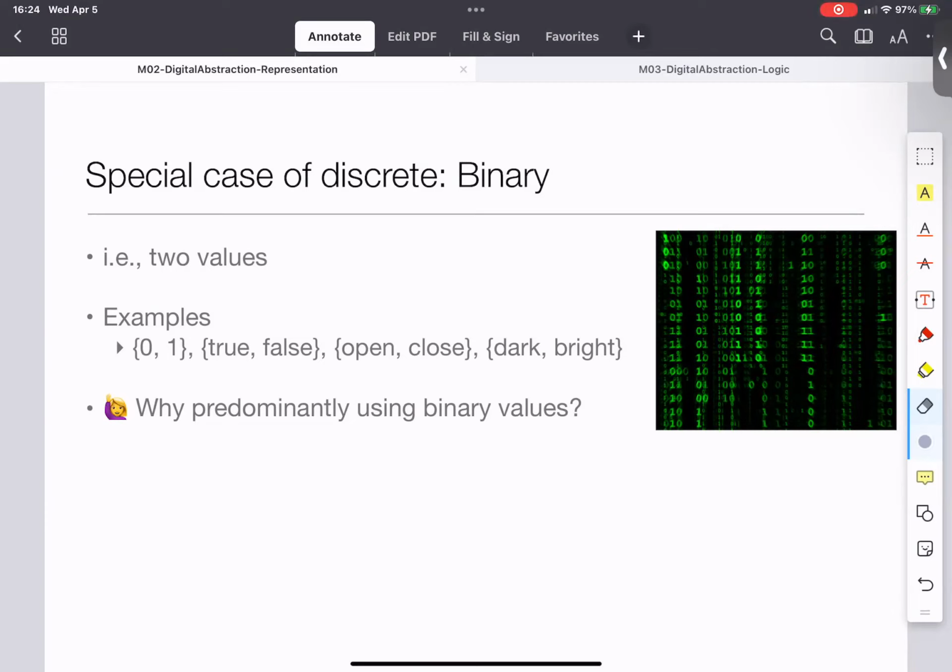You still have to choose which one is bit 0 and which is bit 1, like whether door open is bit 0 or door closed is bit 0, but that's relatively inconsequential.